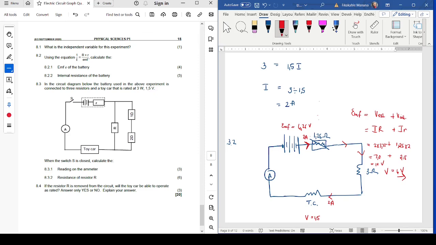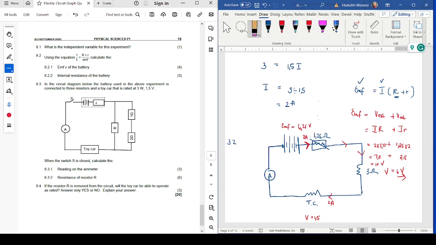All right, and if we keep our current, actually let's do it like this. If we have our EMF that we have to keep constant, and we have our current, which we already have is 2, and now we have our external resistance has increased, or in this case now our internal resistance will increase.